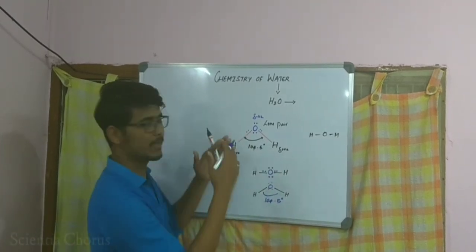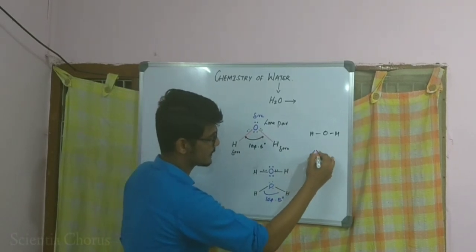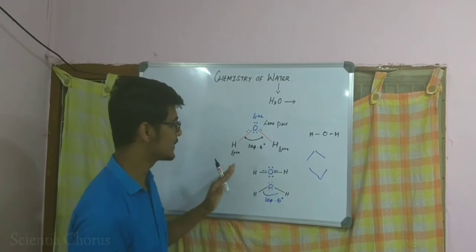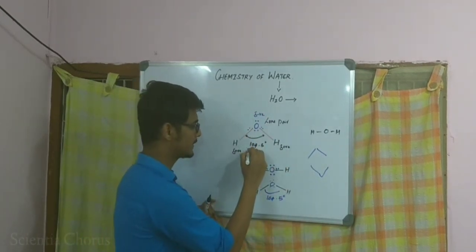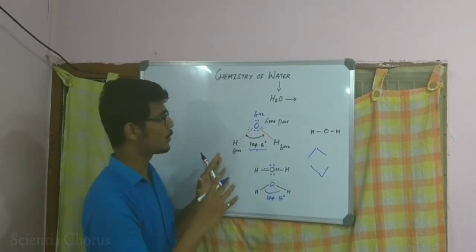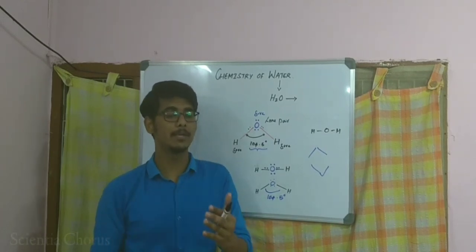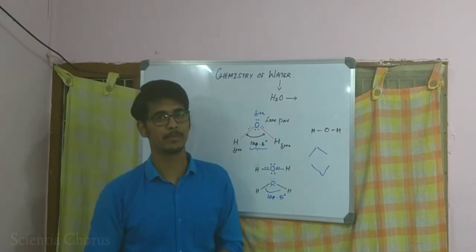Okay, that is the reason wherever you see, the water molecules are in this shape, or in a V shape, right? This is the reason why it is in this particular shape, and the bond angle is around 104.5 degrees. So this is all about the structure of the water molecule. So in the upcoming videos we are going to see the different properties of water. Fine, thank you.